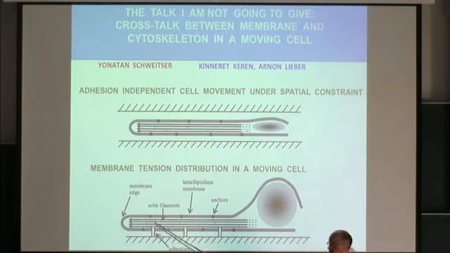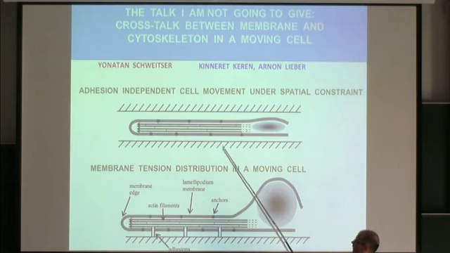There is a gradient of tension from the front towards the rear of the cell, and Kinneret Keren and her student Arnon Lieber measured this gradient of tension, so we had such a story about tension gradients in membranes of moving cells. This is what we did, and I will be happy to discuss it.